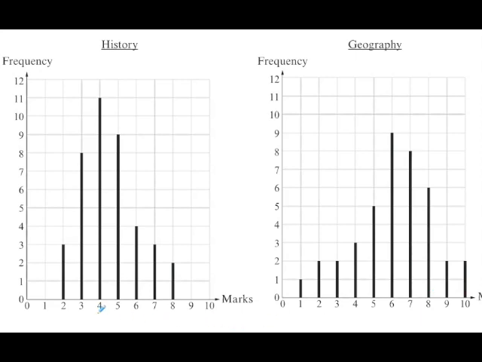but also we notice that most students got 4 marks at history, and that was 11, whereas for geography most got 6 marks, 9 of them.